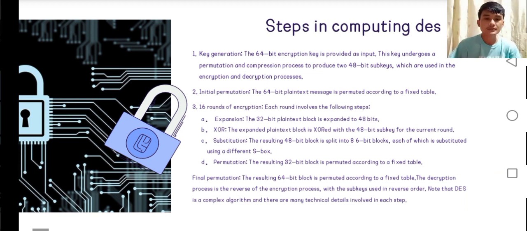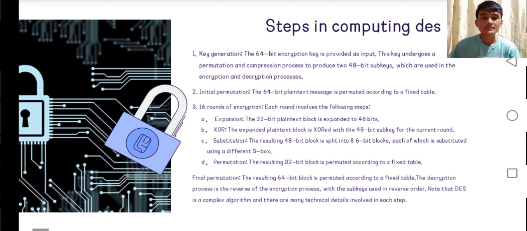Number 3. 16 rounds of encryption. Each round involves the following steps. A. Expansion. The 32-bit plaintext block is expanded to 48 bits. B. XOR. The expanded plaintext block is XORed with the 48-bit subkey for the current round.